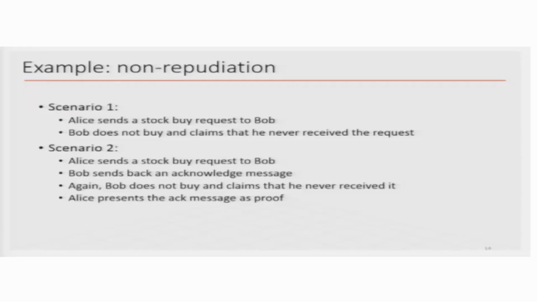In scenario 2, suppose Alice sends a stock buy request to Bob, and Bob sends back an acknowledgement that yes, I am going to do it, I received your request. Then again Bob fails to buy it, and later when Alice says I have suffered loss because of you, Bob can say that no, I did not get the message. Then Alice shows him that look, you sent me an acknowledgement message and therefore you must have received the message.